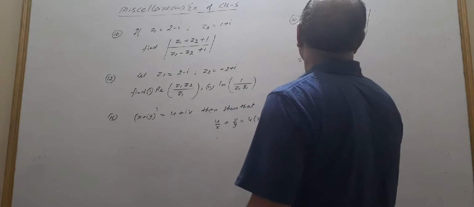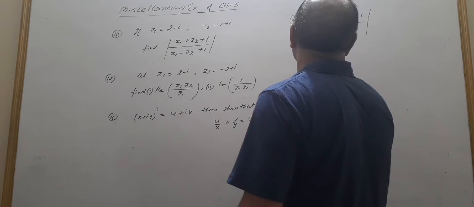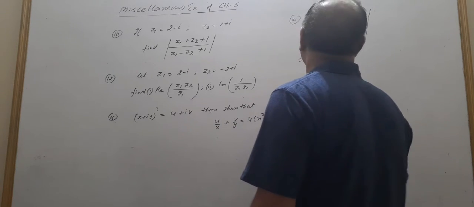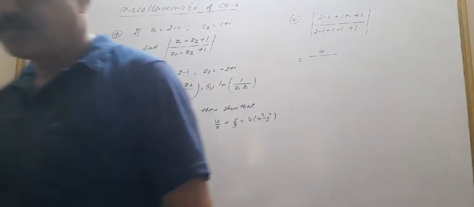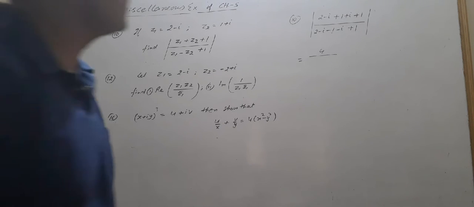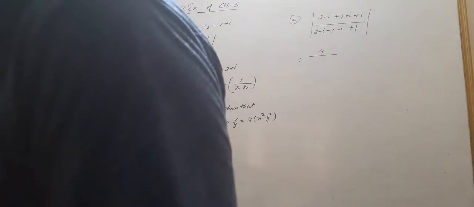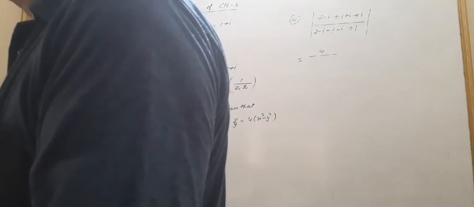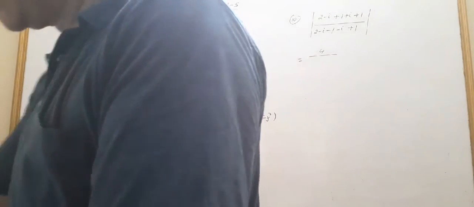Here iota and iota cancel, and we are left with only 4 in the numerator. All the terms are given to you, and you just find the result. I am starting with question number 10 of your NCERT book, the miscellaneous exercise.